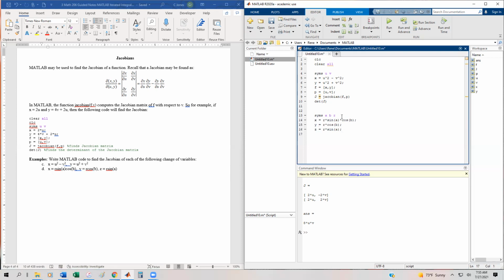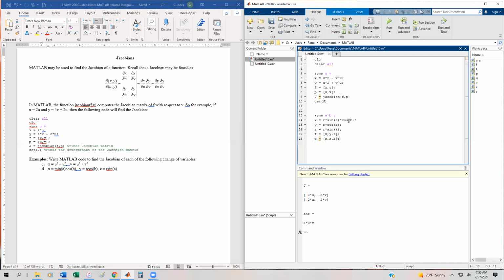Now we're going to have a row matrix f, which is x comma y comma z. So we're dealing with three variables. Then we're going to have another matrix p, in the form of r comma a comma b. It doesn't necessarily matter the order in which we do these; I just did them in the order that they were presented.